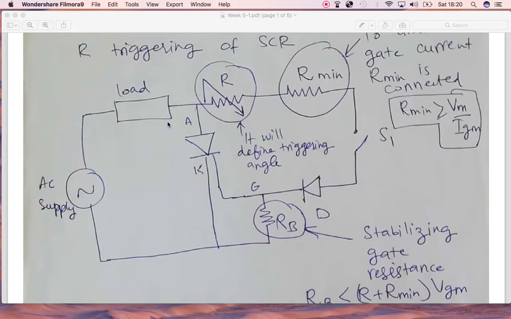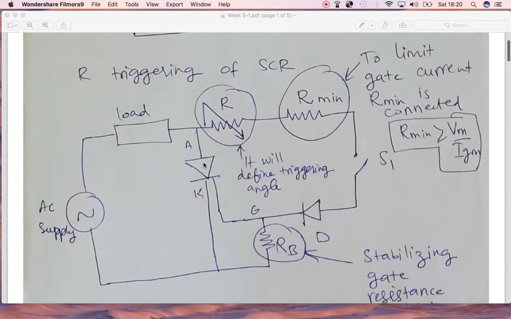So to turn it on, we can think about the positive half cycle: the current goes from here, it will not come here because the SCR is not on, it will go to here, and because we have resistances which are decreasing the current, and then the diode which is doing the rectification, then there will be the gate, and the current is controlled by these resistances.